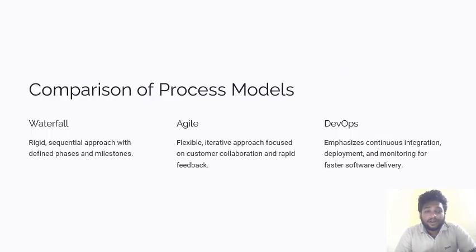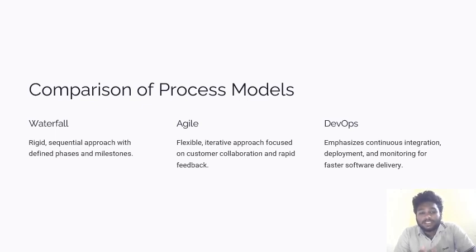Next, let us compare all the three models which were discussed: waterfall, agile, and DevOps. The waterfall model is a rigid sequential approach with defined phases and milestones. Agile is a flexible, iterative approach focused on customer collaboration and rapid feedback.